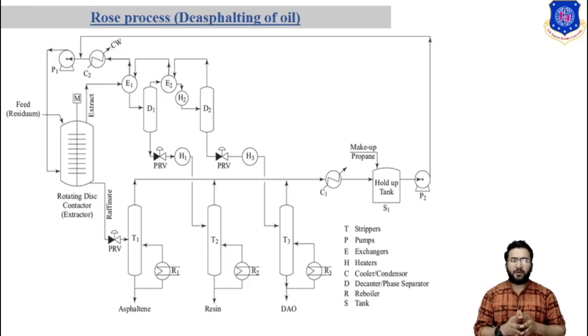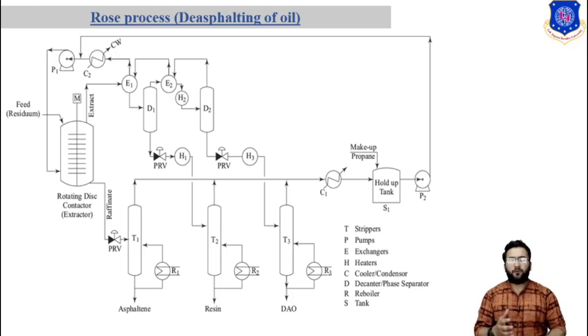The remaining propane oil solution is heated to a higher temperature by two heaters, E2 and H2, in series. At this temperature, liquid propane is converted into supercritical propane. The deasphalted oil or lube oil is not soluble in supercritical propane. Hence, it is separated from the propane in decanter D2. Trace propane from the DAO or lube oil is separated by flashing and stripping in tower T3.